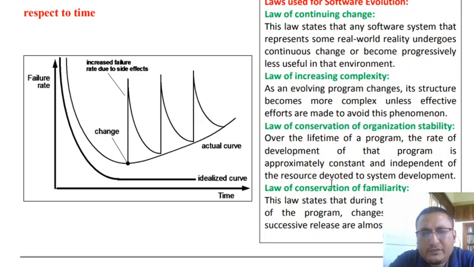The law of conservation of familiarity basically tries to address the point that whenever changes are introduced in successive versions of the software system, they should be approximately constant. That means the successive versions of the software system should have some similarity to enhance familiarity, because only if the software systems are similar does it become familiar to the user.